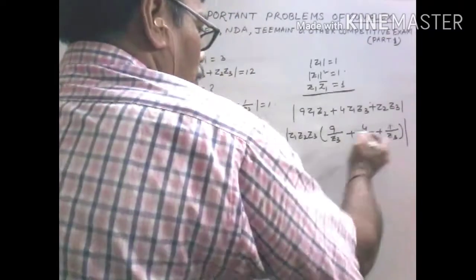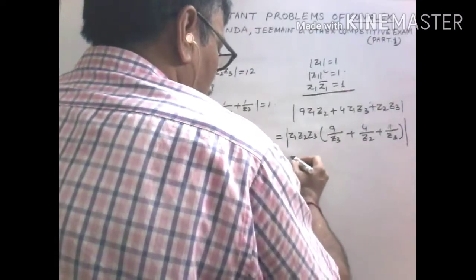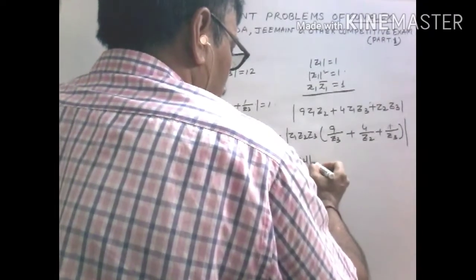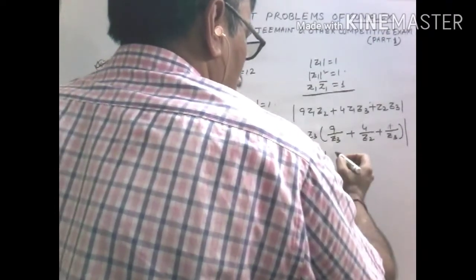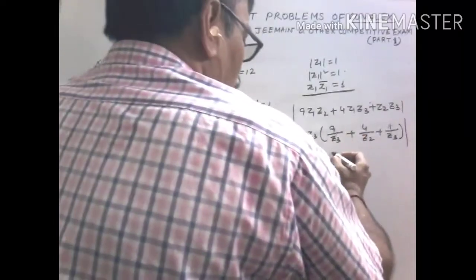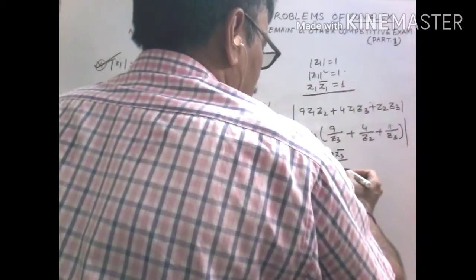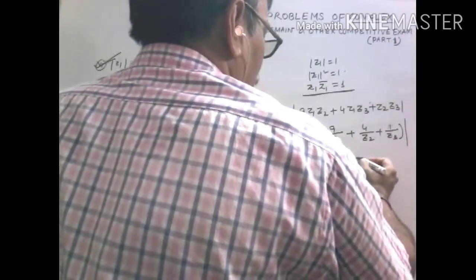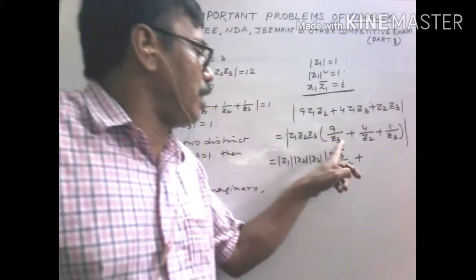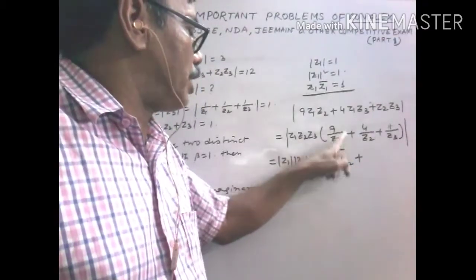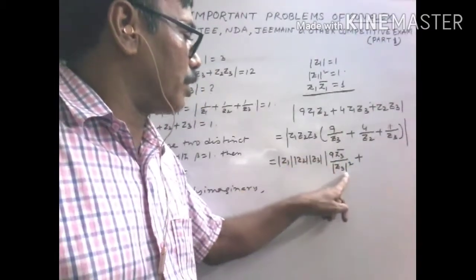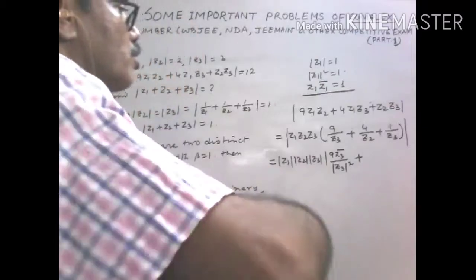Now the modulus of z1 z2 z3 you can write as mod z1 mod z2 mod z3, and this is the mod. Now we multiply this by z3 bar, and this is z3 square. So look at this step: we are multiplying the numerator by z3 bar, so 9 z3 bar. Z3 into z3 bar equals mod z3 whole square.